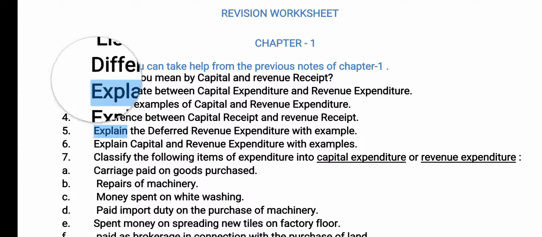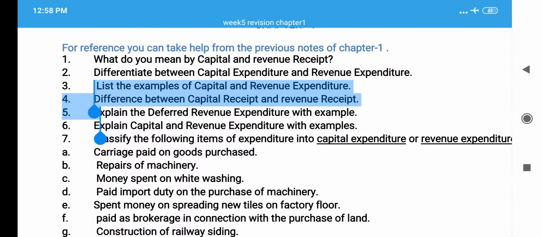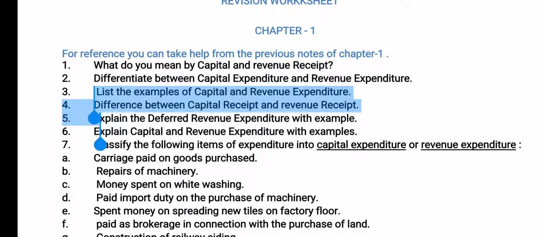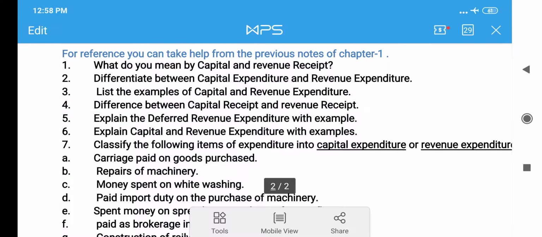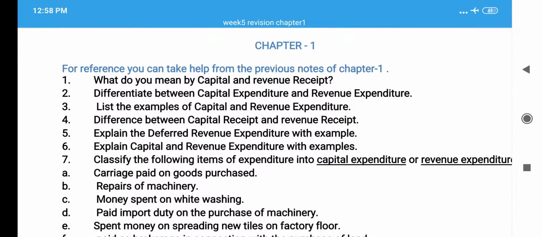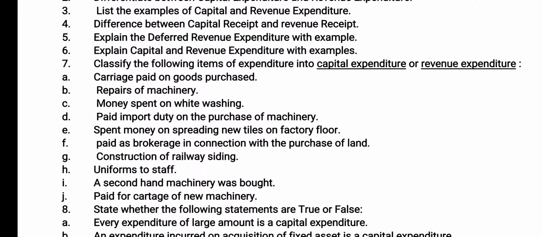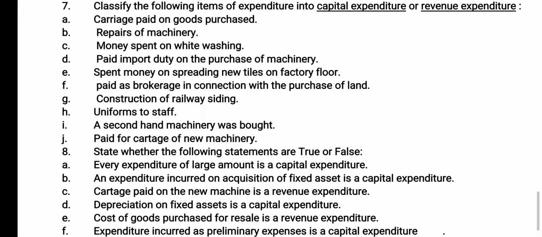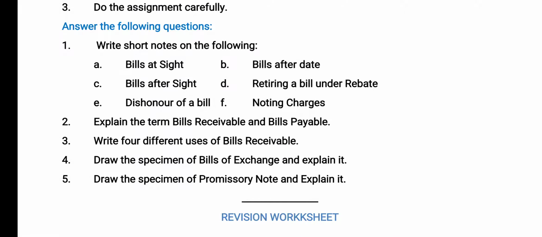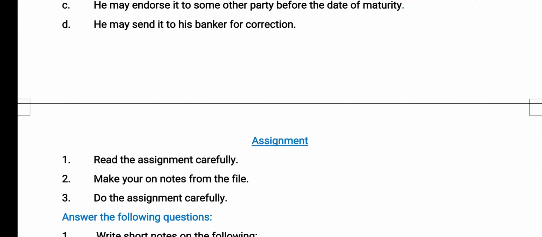You can take the help of the previous notes and revise them and then start doing the worksheet as a revision, and you can judge how much you have learned. This is from chapter 1, which we discussed last week. So students, do your work carefully and enjoy your work, as learning is always fun.